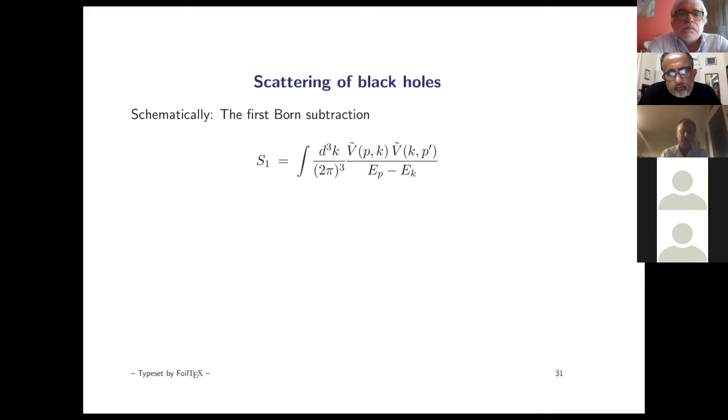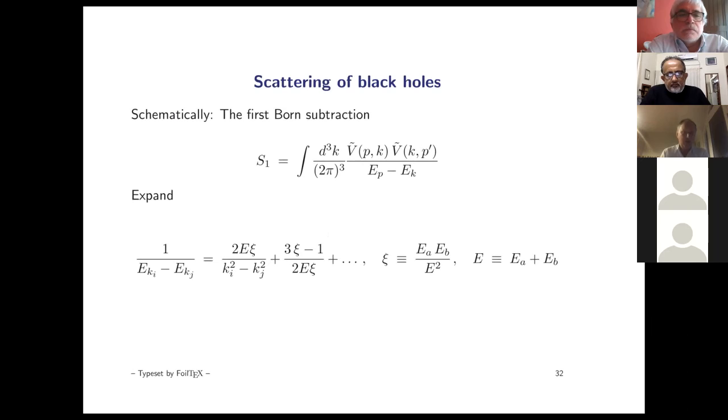So the first term you get in the Lippmann-Schwinger equation is the first Born subtraction, where you replace the amplitude by the potential, and you get this kind of integral, which you have to subtract. Now we expand that because we're in the large distance regime. So Mandelstam t is very small. So we can do a Laurent expansion in t. And it's easy to work it out. It looks like this, where there's some parameter depending on energy.